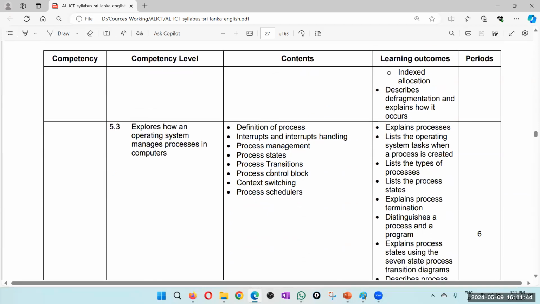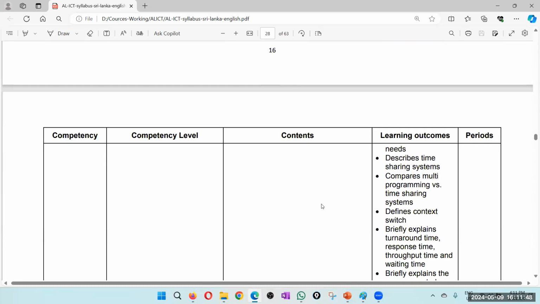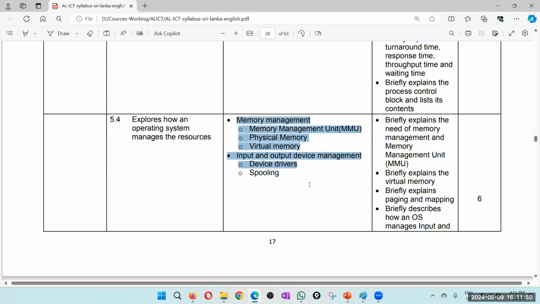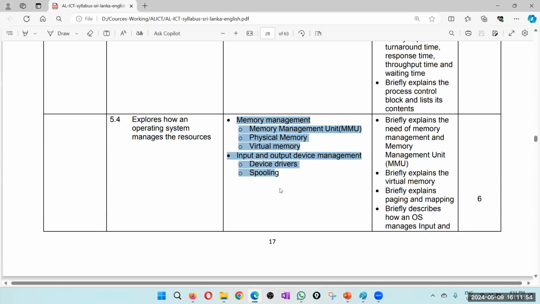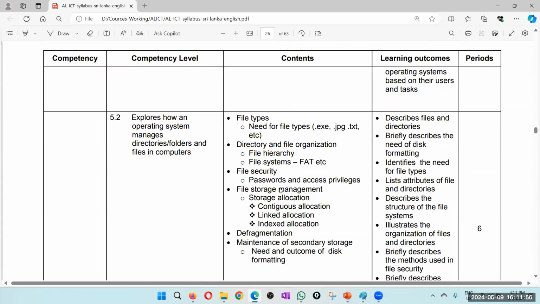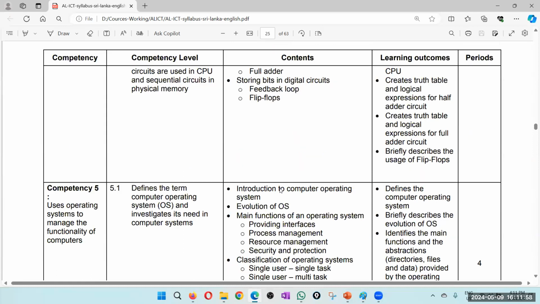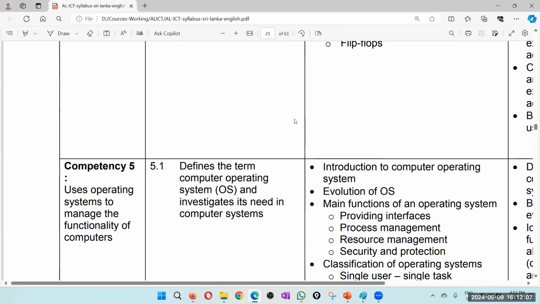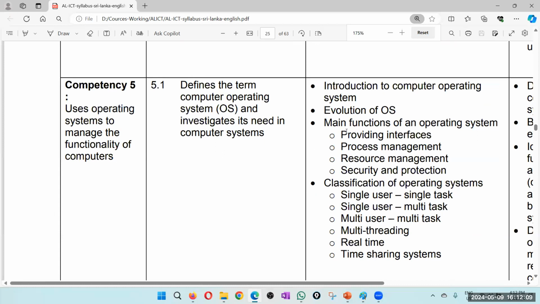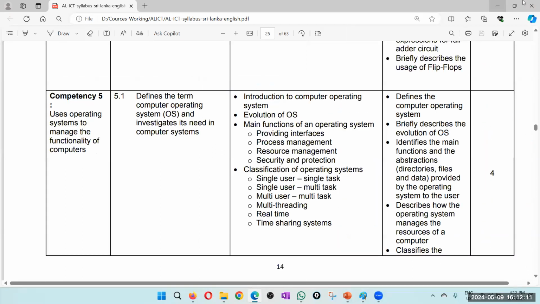Then you have process management, and then memory management. Then the operating system topic is over. First, we'll start with a little bit of introduction to operating systems, classifications, and a bit of history: evolution of OS, classifications, and major tasks of OSs.